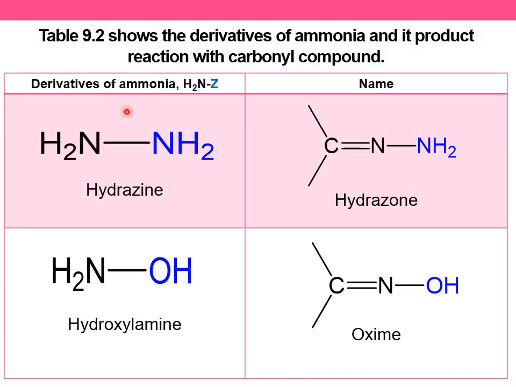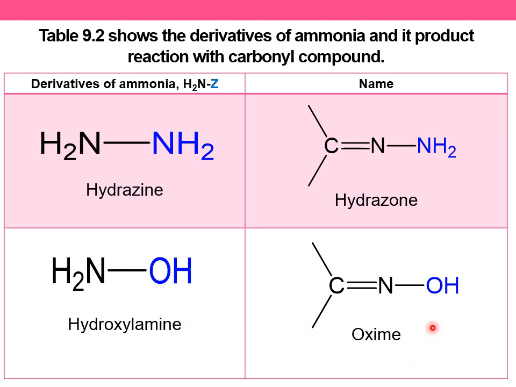Table 9.2 is listing all the derivatives of ammonia which we have to know and their product of reaction with any carbonyl compound. Number 1 is hydrazine. When reacted with a carbonyl compound, it is going to form a hydrazone. The second one is hydroxylamine.